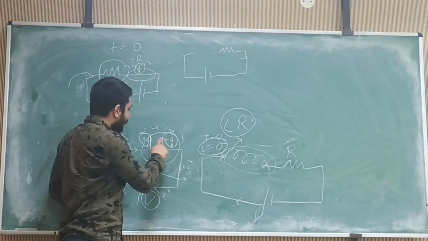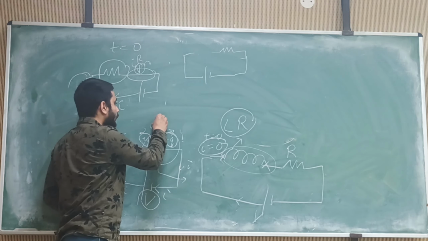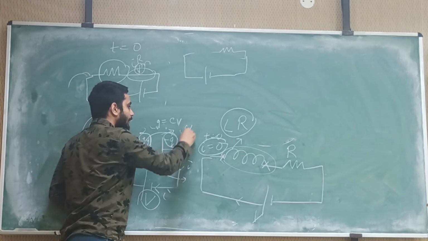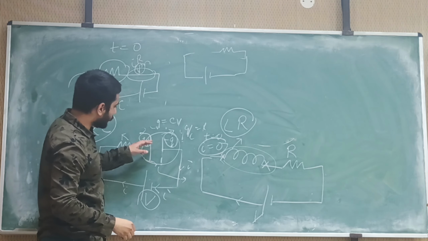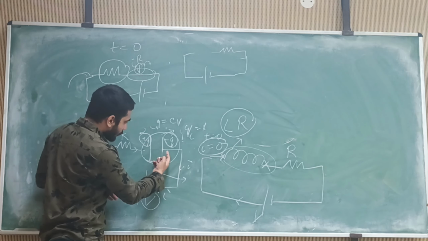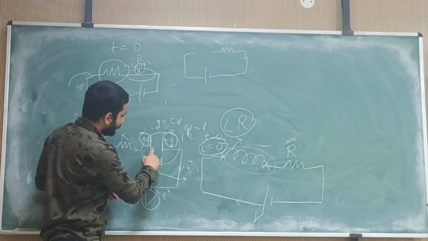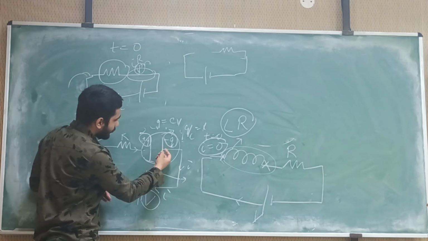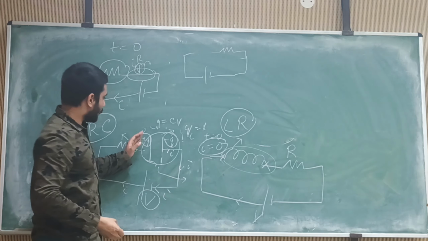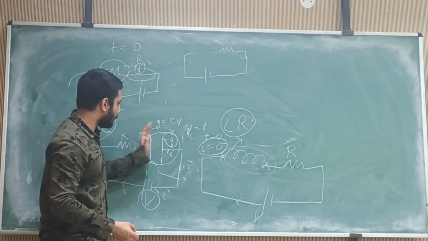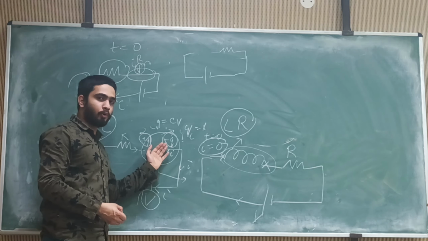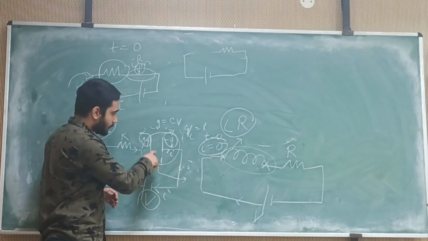Because of this charge q, a potential difference is developed: q equal to CV, so q by C equal to V. Because of this potential difference, the current I again comes from here to here. So how is this current transferred? With the help of positive polarity charge and negative polarity charge, although there is no current in this.